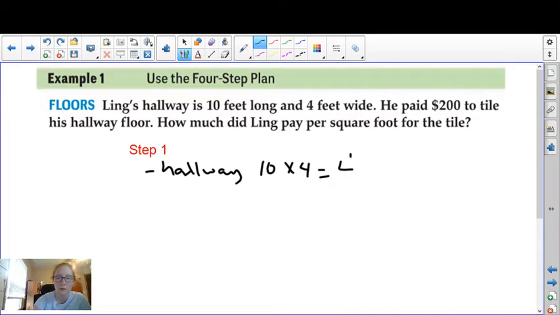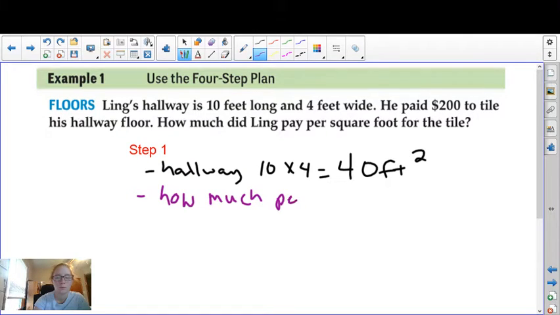Or it likes to put lines in between my numbers, and I don't know why, but it's really frustrating. So we know that the hallway is 40 square feet, and we want to know how much per square foot. So how much did you have to pay?